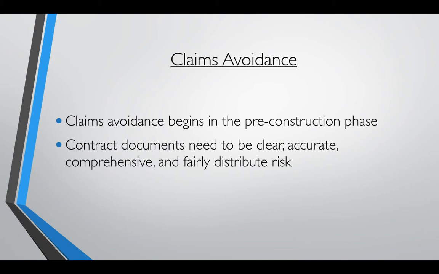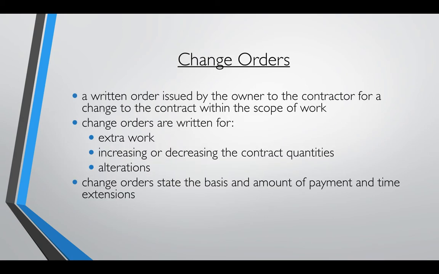I touched a little bit on it when I was trying to compare it to something else. But you want the contract documents to distribute certain risks on a project to certain parties. So you just don't want to dump everything on the contractor. If somebody else is better equipped to handle that risk on this project, then it should be depicted and written in the contract documents. So now we're going to jump into change order.